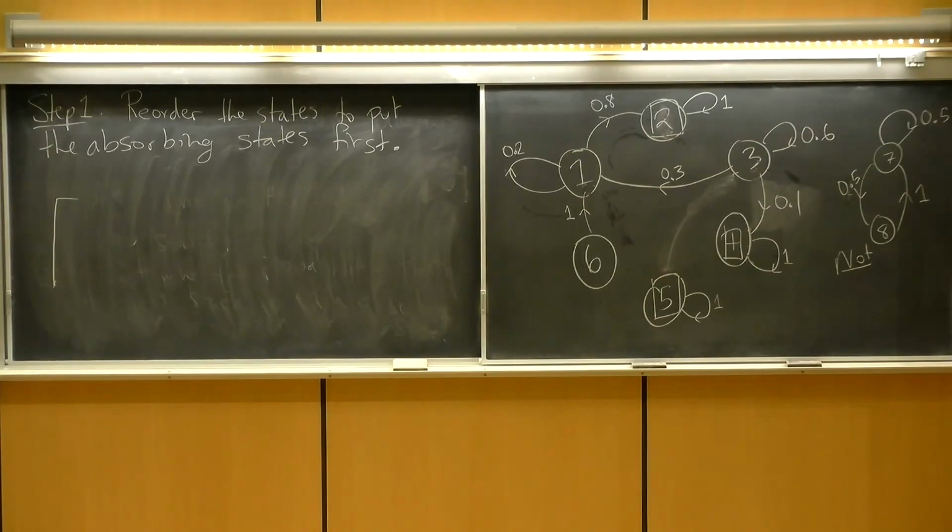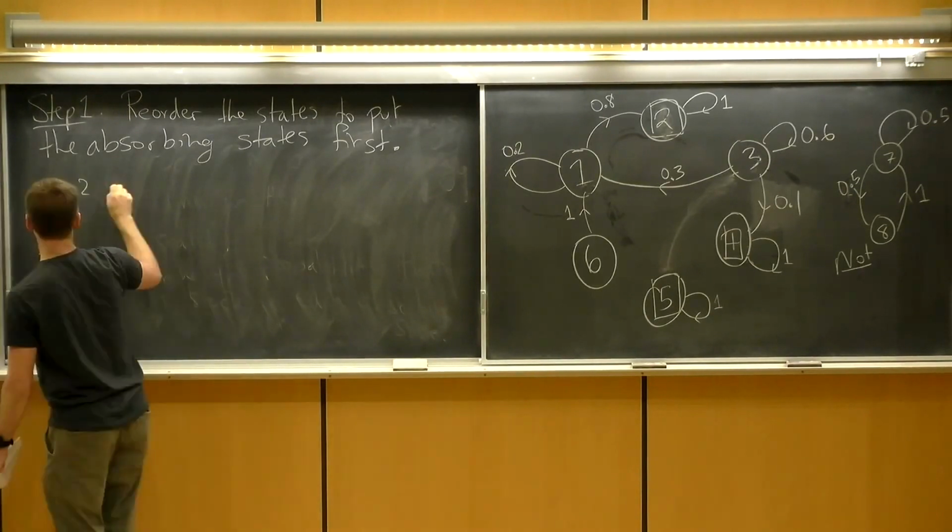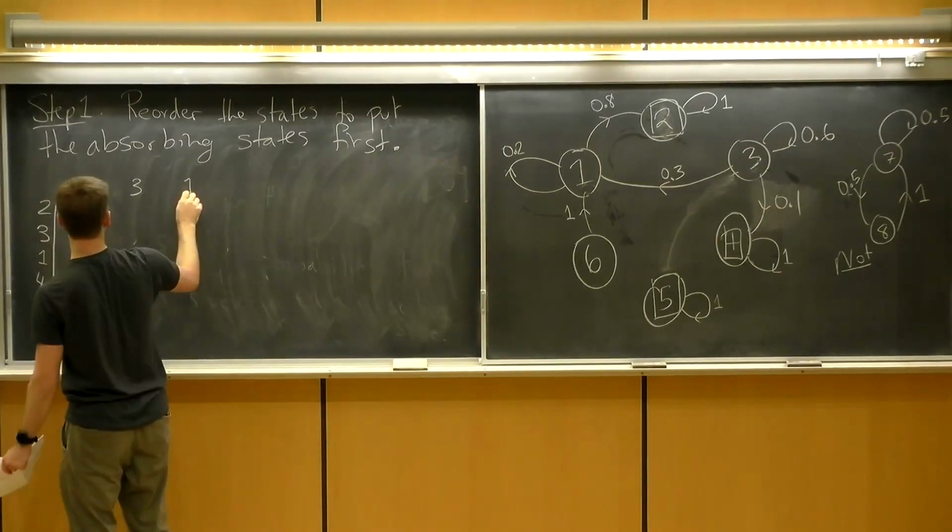So I'm just going to change these lists of numbers so that 2 comes first, and then 3, and then 1, and then 4. So I'll write 2, 3, 1, 4 across the top and down the side.